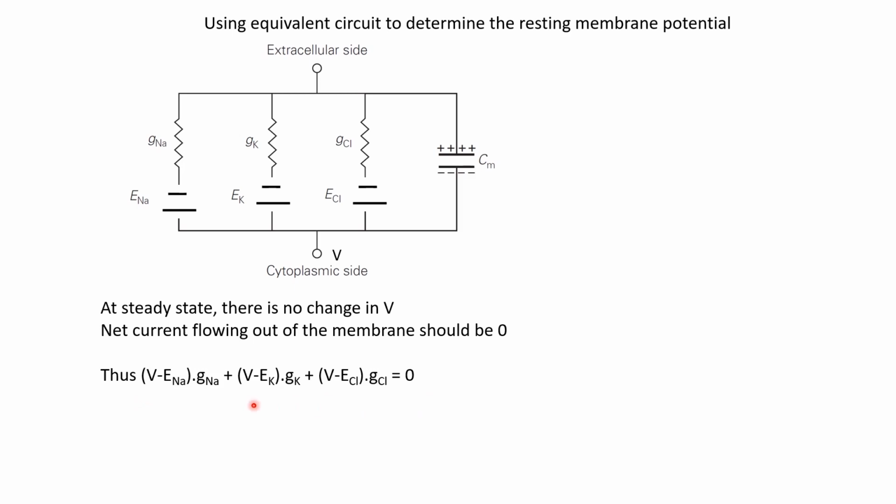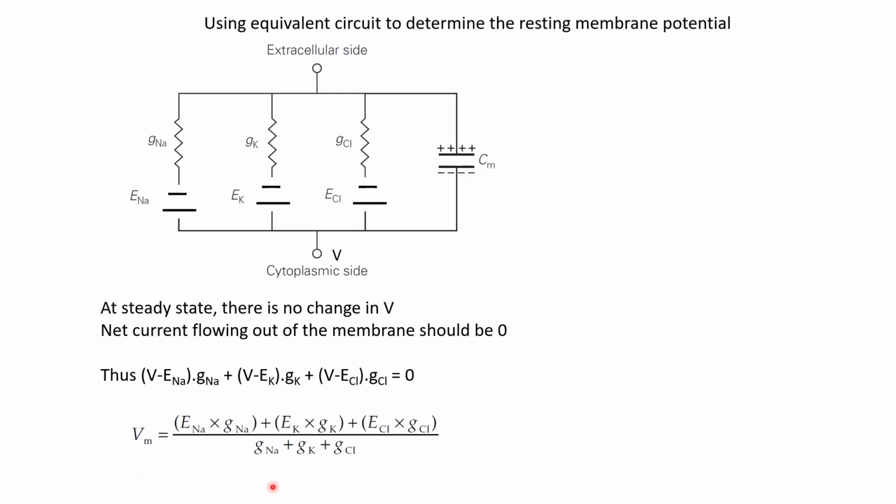And if we rearrange these terms, we can get V equals ENA times GNA plus EK times GK plus ECL times GCL, divided by the total conductance GNA plus GK plus GCL. If the membrane potential is equal to this value, then at that point the net current flowing out through the membrane becomes zero.